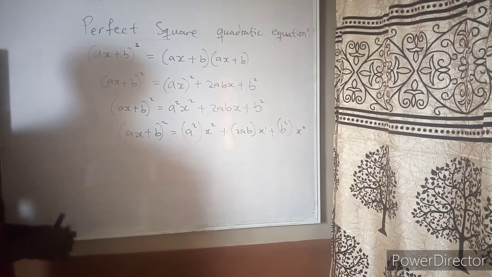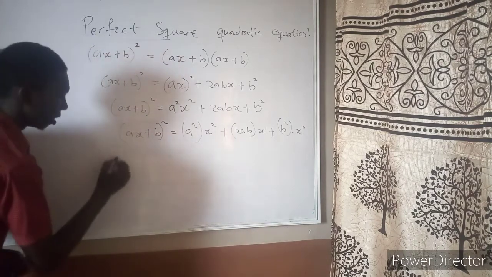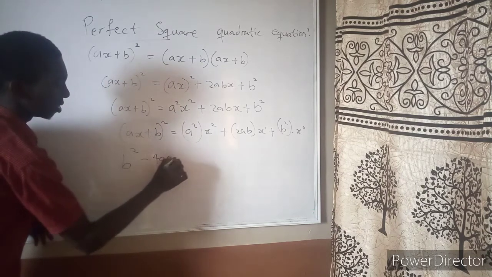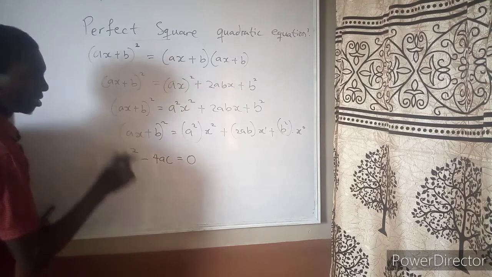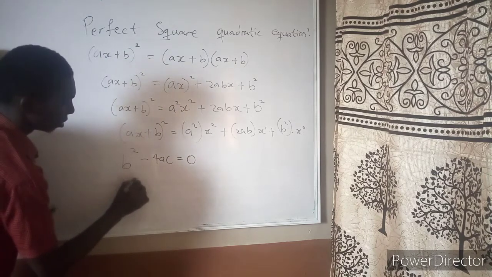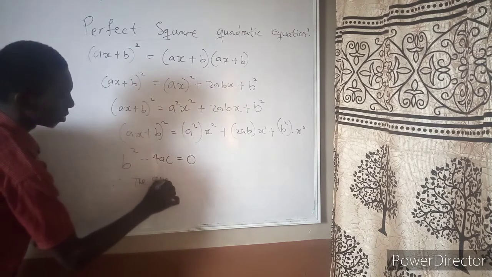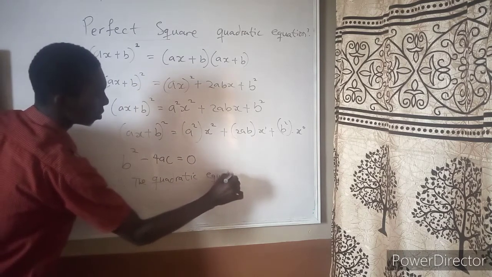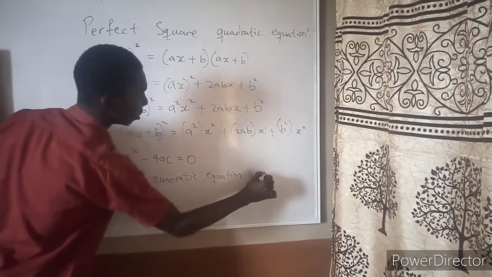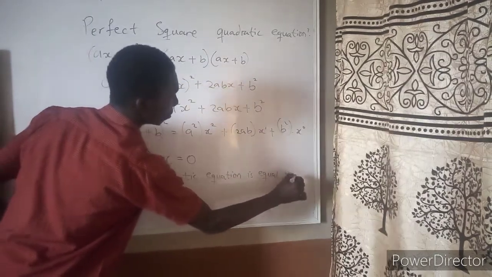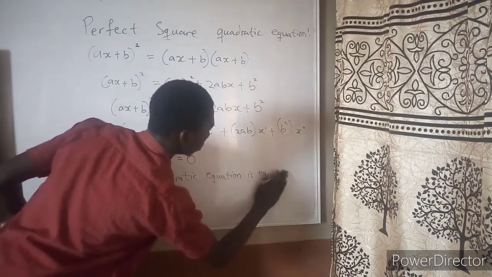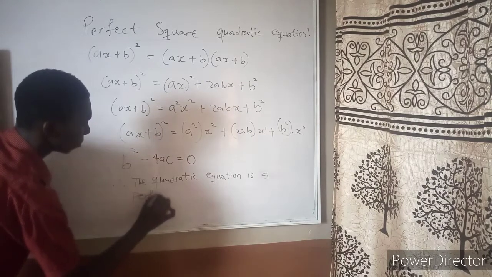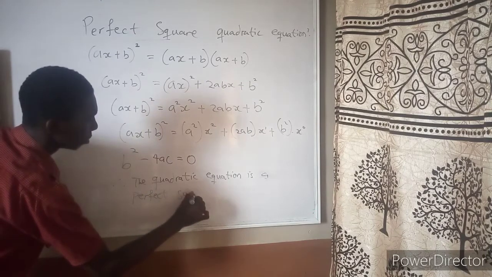And there's a particular way I can verify a perfect square quadratic equation. The formula is: whenever b squared minus 4ac is equal to 0, the quadratic equation is a perfect square.